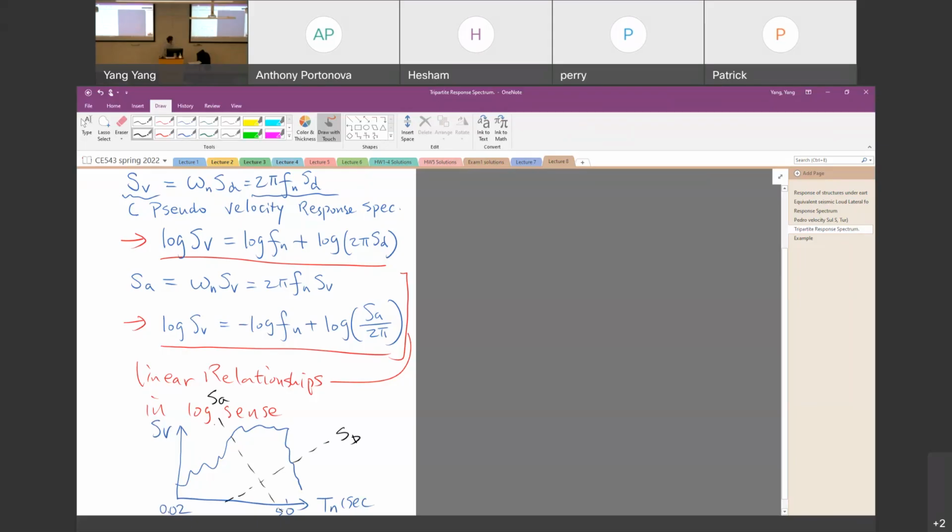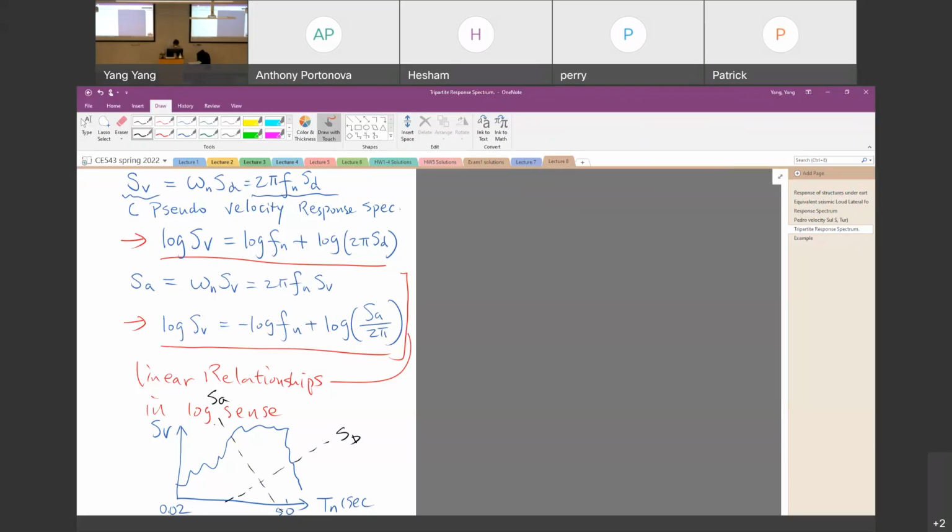Just use a different y-axis. Those two y-axes will have an angle equal to 45 degrees to the S sub V axis here. So using the same chart, or the same data points, if the natural frequency of the structure is given, we can get the response for displacement, acceleration, as well as the velocity at the same time.